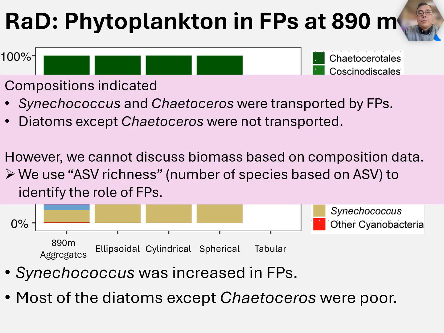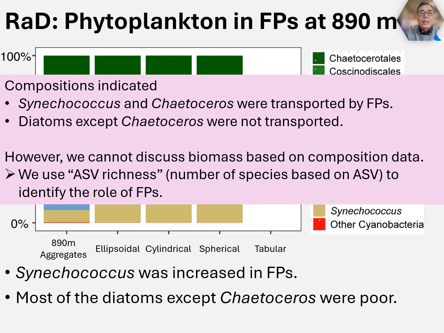As a result, we can see Chaetoceros cells and Synechococcus are important for POC flux through zooplankton grazing, but not diet except Chaetoceros cells.